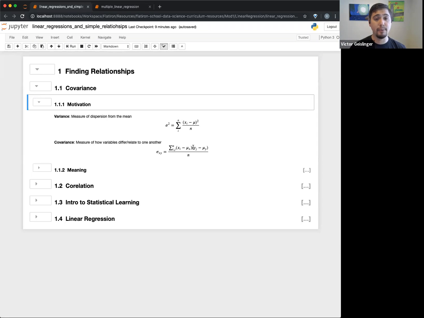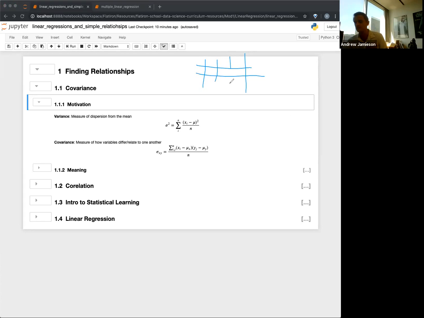If you imagine your data frame, so I'm going to quickly jump out, if I have my data frame like this, and I have each data point, you might have multiple columns. So I have my target value here, and I'll call it y.